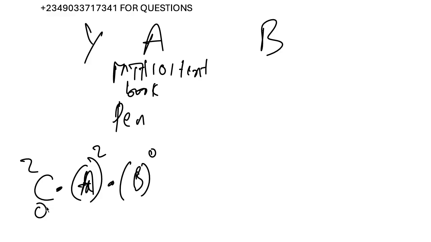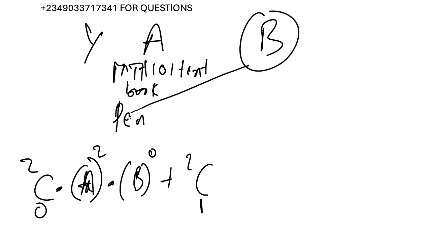And the number of ways that your friend can choose, two combinations 0, is what? Is 1. Because if you have two things, the number of ways of sharing it, what's it going to give you? We are getting to combination, so it keeps increasing. 2 combination 1. So it's either your friend will select 0 objects, and then you still have 2, isn't it? And then your friend will have nothing.